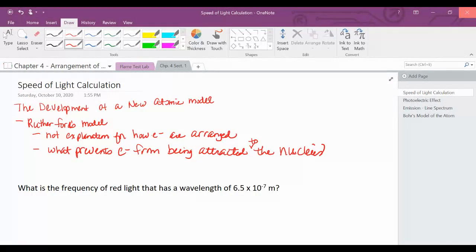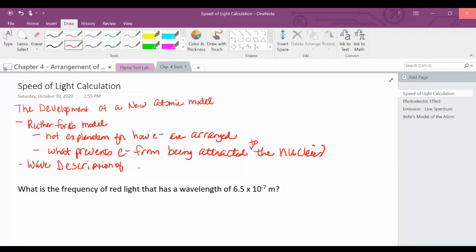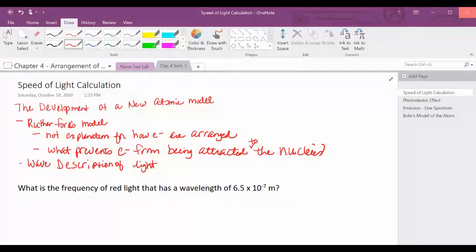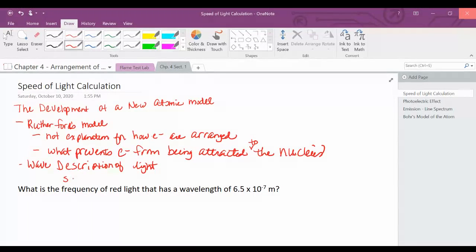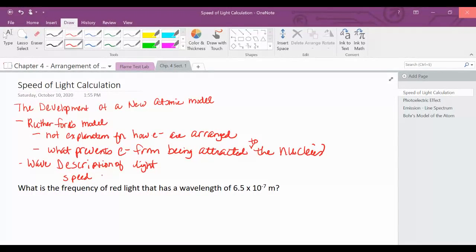And so that brings us to our equation for today. We're going to look at the speed of light equation. The speed of light is represented by the lowercase letter c.